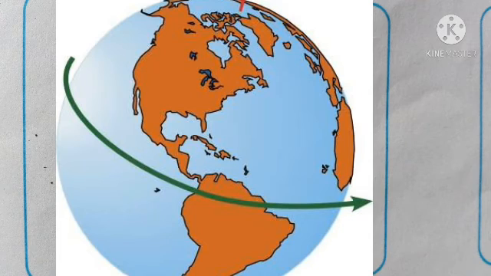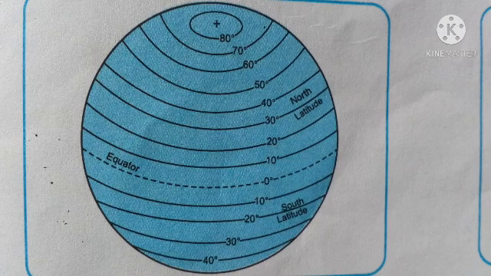It means the equator is that imaginary line which is drawn halfway between the North Pole and South Pole, and it is called the equator because it divides our earth into two equal halves.